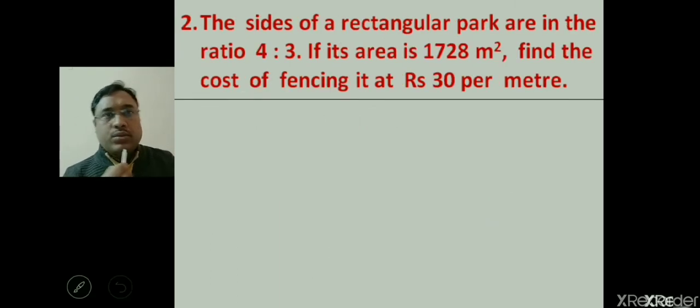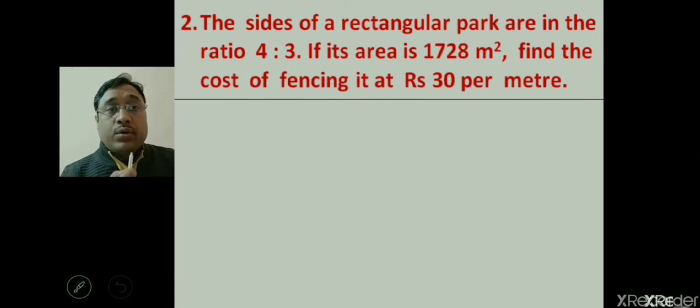Now you can see this question: the sides of a rectangular park are in the ratio 4:3. It is the ratio of the sides of a rectangular park, and its area is 1728 meters square.